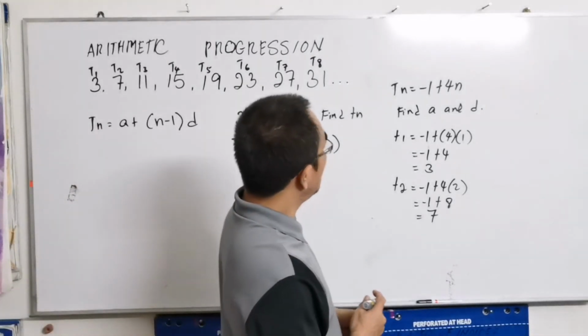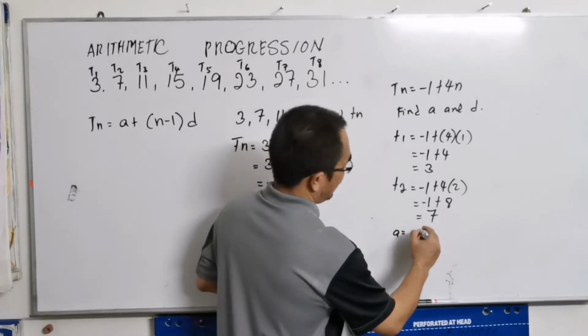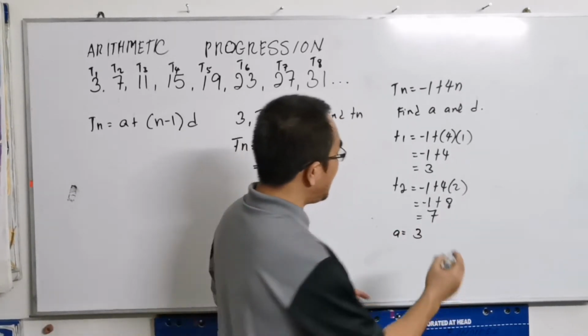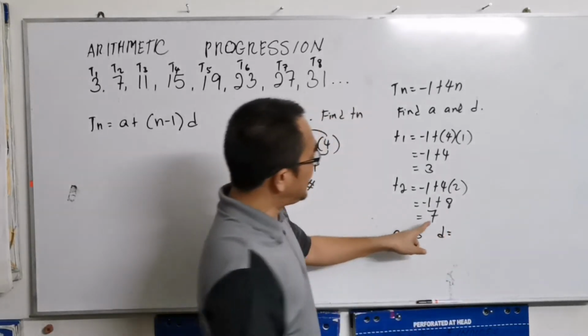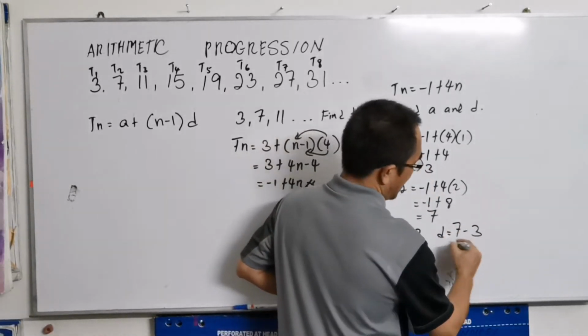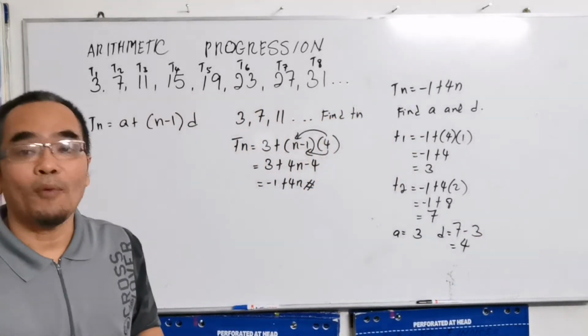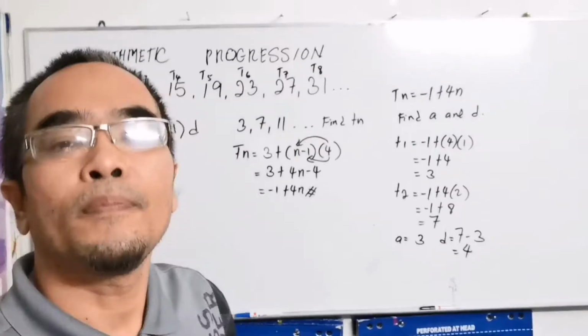So we know already A equals 3. How about D? D will be T2 minus T1, 7 minus 3 equals 4. So we solve the hypothetical question.